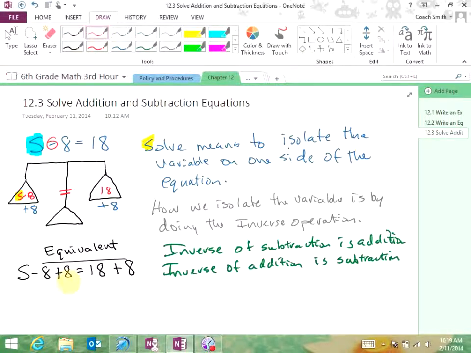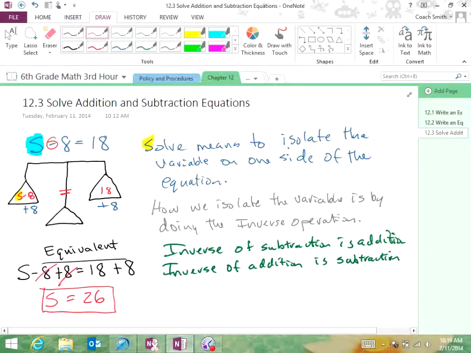These two here cancel each other out, leaving me with S is equal to, what's 18 plus 8? 26. And that is your answer. That's what S has to equal.